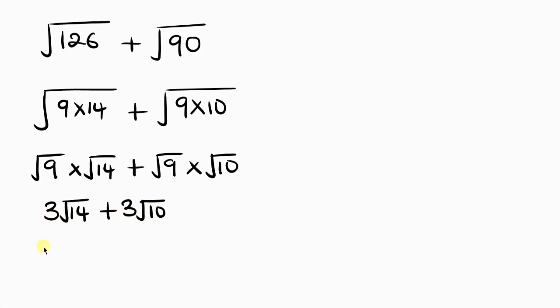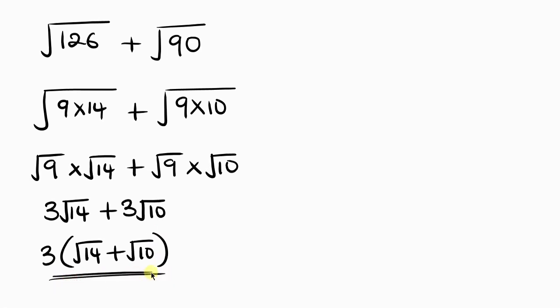So we can factor out 3 so that we have 3 root 14 divided by 3, I'm going to be having the square root of 14 plus 3 root 10 divided by 3, I'm going to be having the square root of 10. And this becomes our final answer.